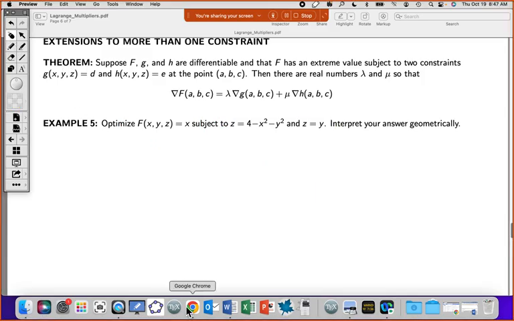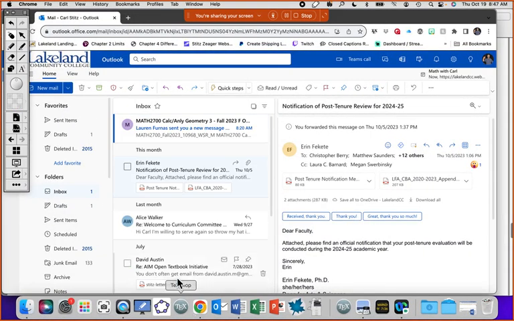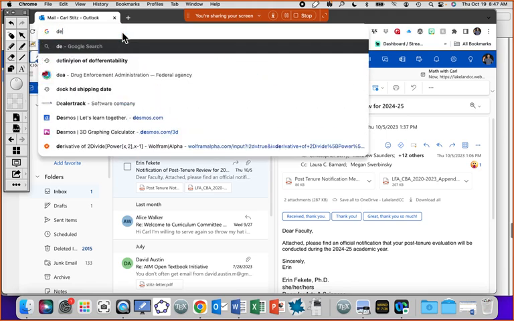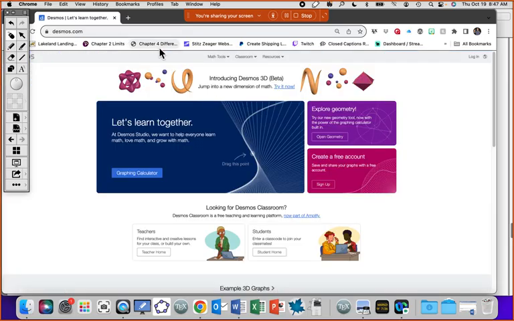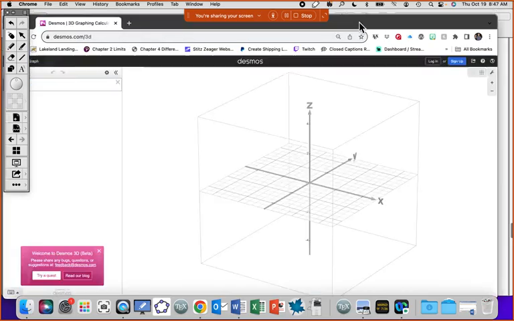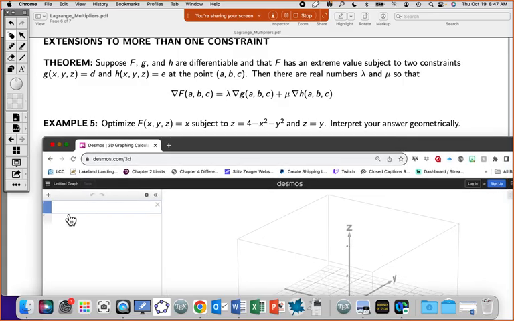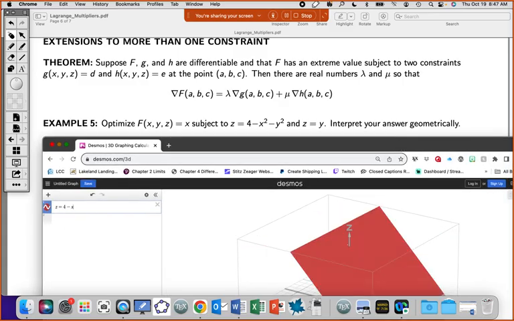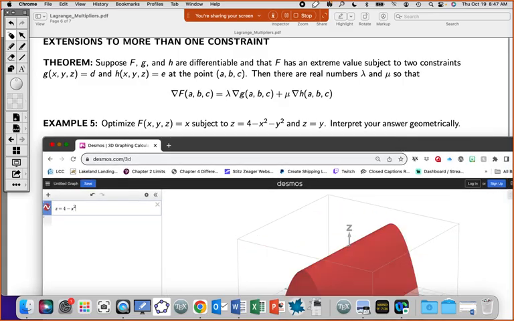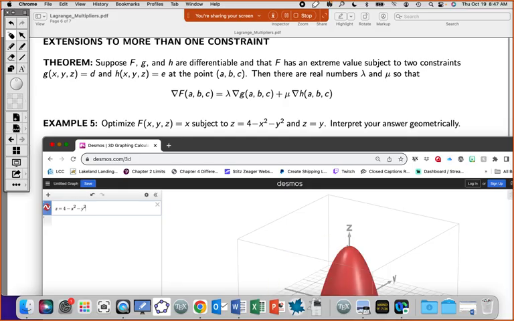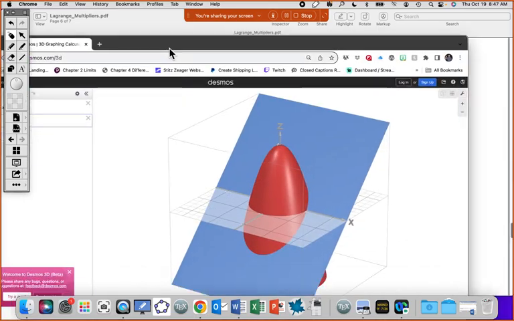So if I fire up Desmos to help out here. And you might recognize these. It depends on how much you've played around with Desmos, but this is going to be our classic paraboloid here that we've seen a few times. And this is the plane.